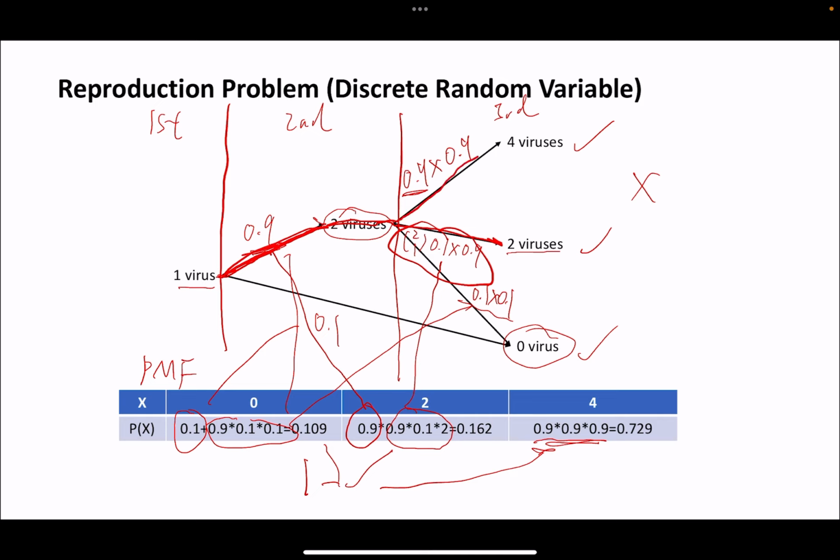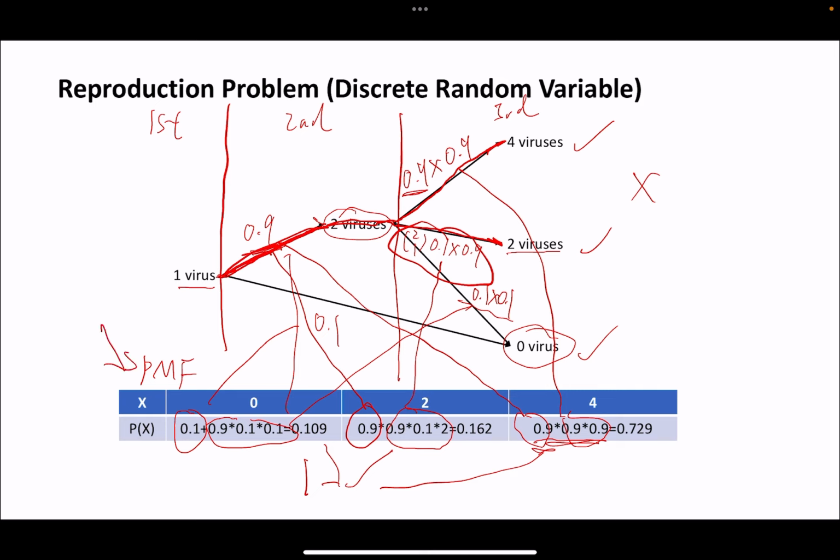Or we can also use the probabilities to calculate it: 0.9 for the first generation to survive, and 0.9 times 0.9 for both second generation viruses to survive. Here is this, and here is from here. Then we can calculate the probability of the third generation having 4 viruses.